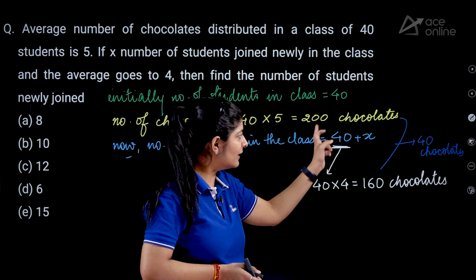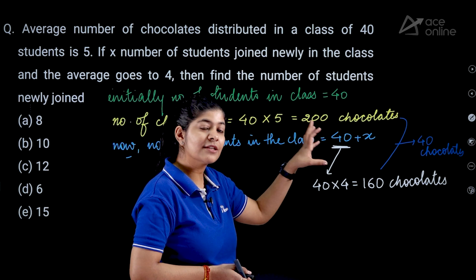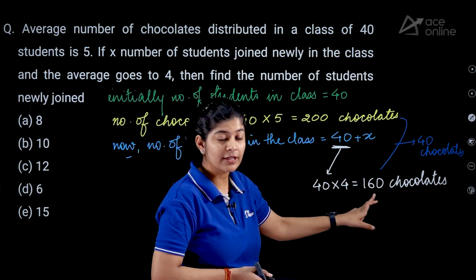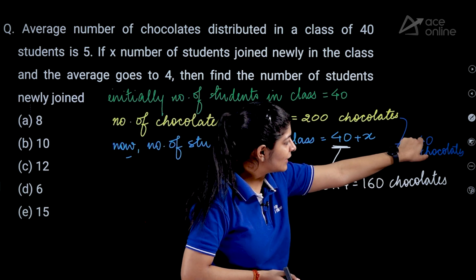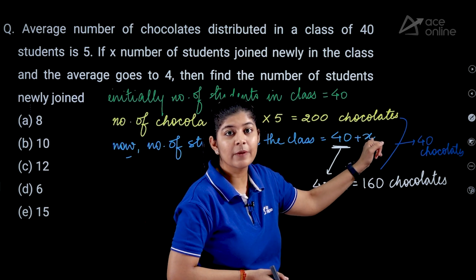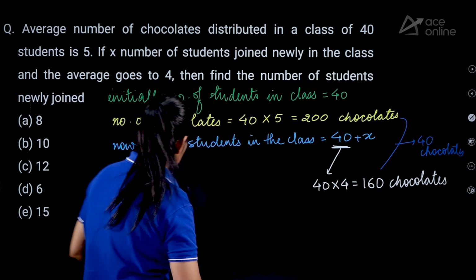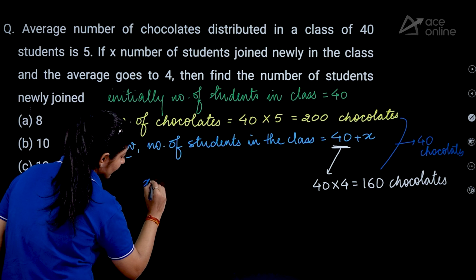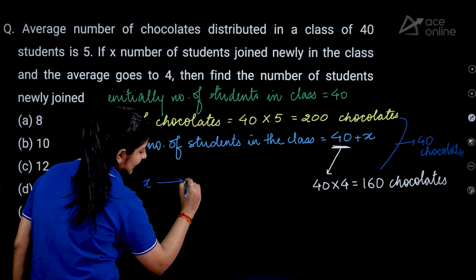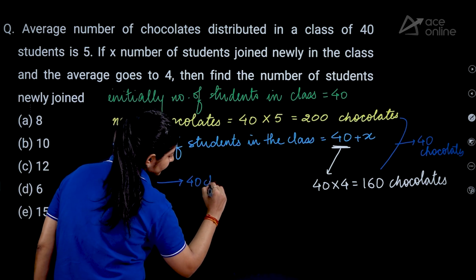That means among these 40 students, we distributed only 160 chocolates. So these 40 chocolates are divided among these X students. So we can say that these X students are getting 40 chocolates.